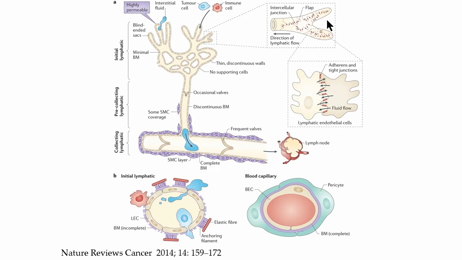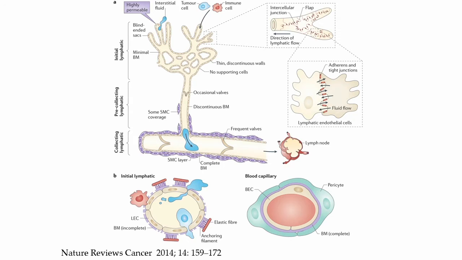By the time you get to the precollectors and the collectors, these so-called buttons are no longer present. So we talk about buttons and zippers. The endothelial cells themselves interact with buttons that can be open and closed, and the zippers are present on the collecting or conducting vasculature, so composed entirely of tight junctions.